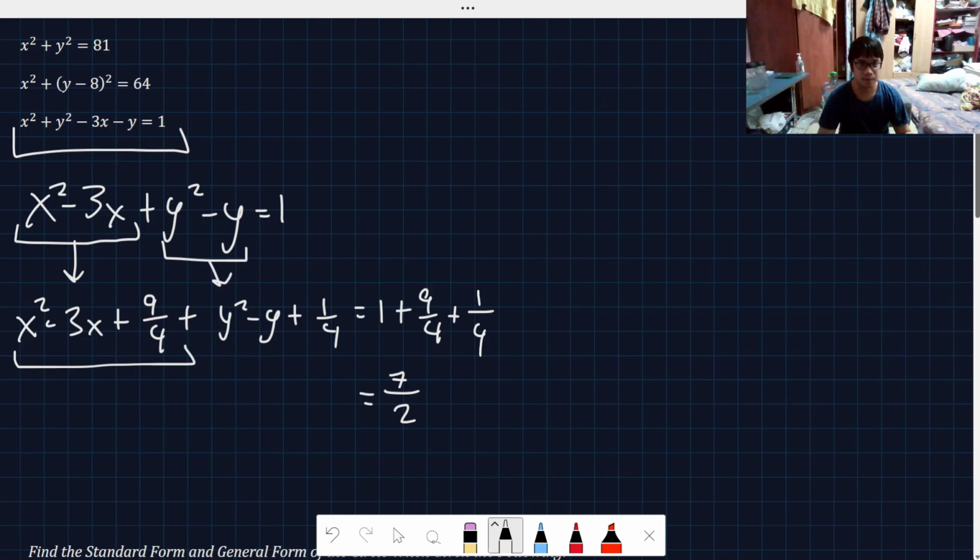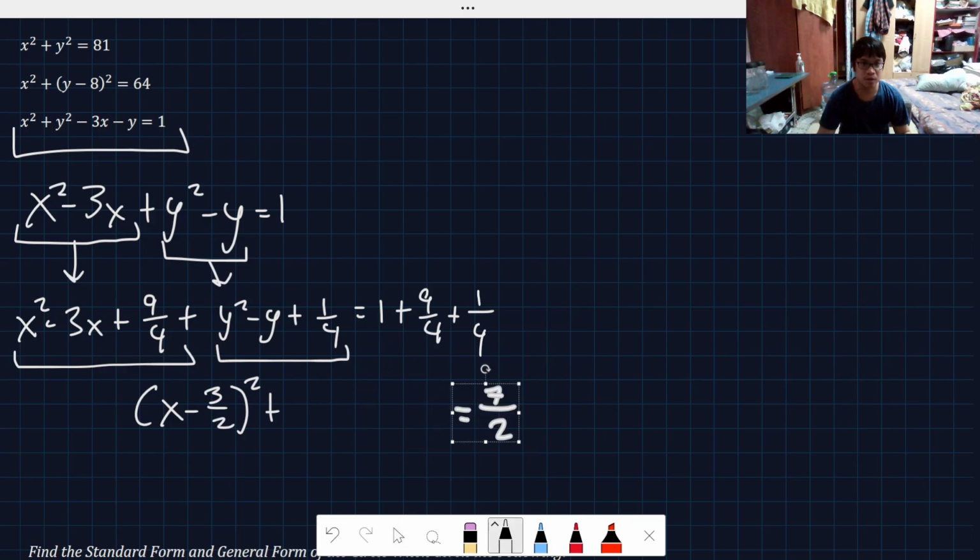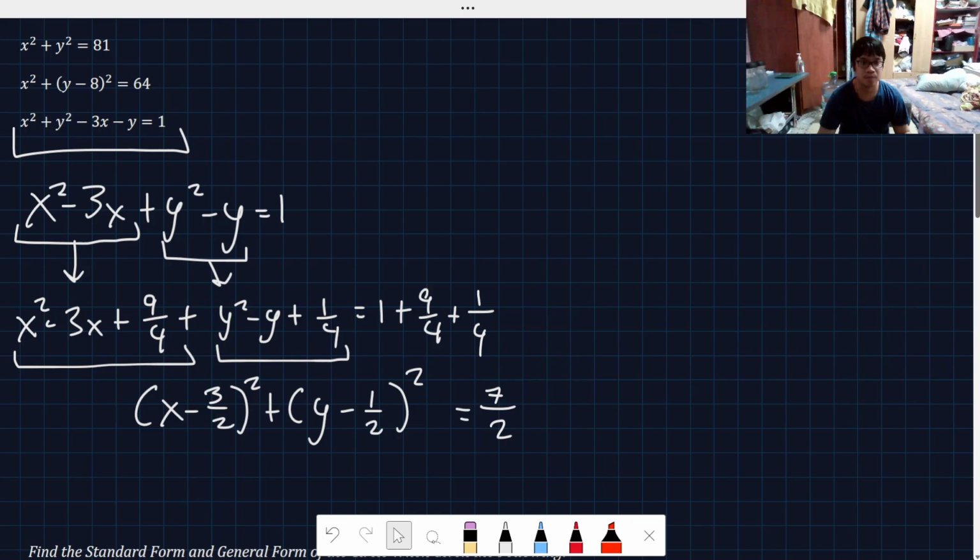We can convert it to a squared binomial, in which this is x minus 3 halves squared, plus, for your y, its squared binomial would be y minus 1/2 squared. That's it. So there we can now say that this is in standard form.